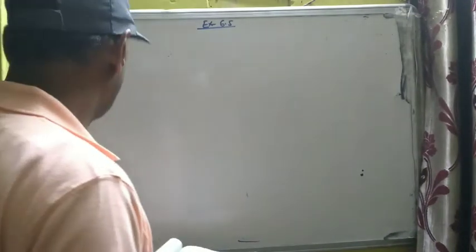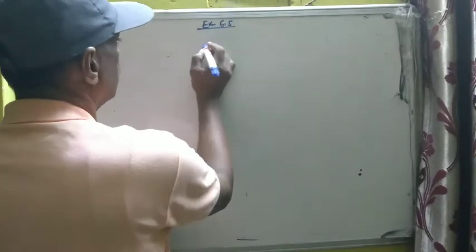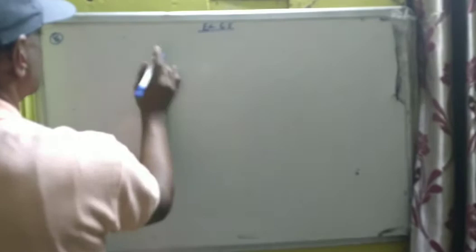In question number 15, it is given that in an equilateral triangle, so an equilateral triangle is given here at first. Let us have an equilateral triangle.